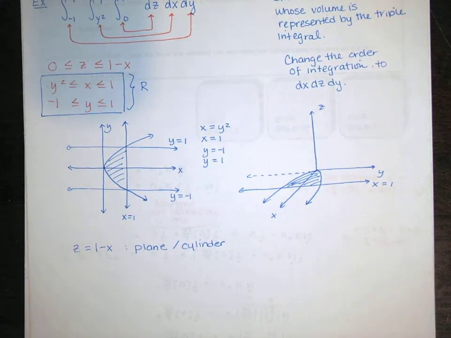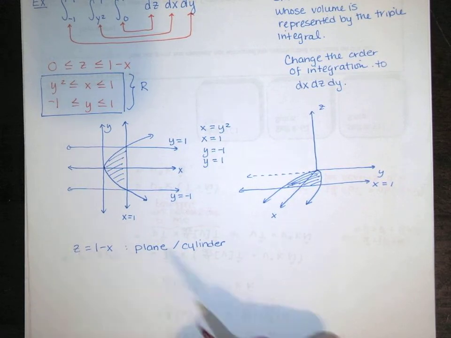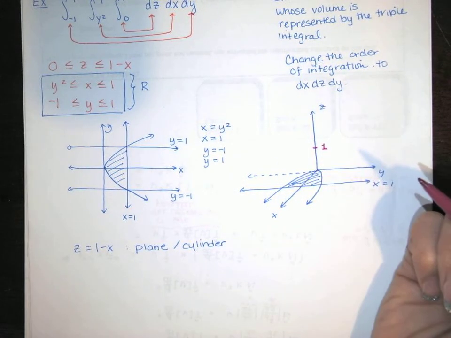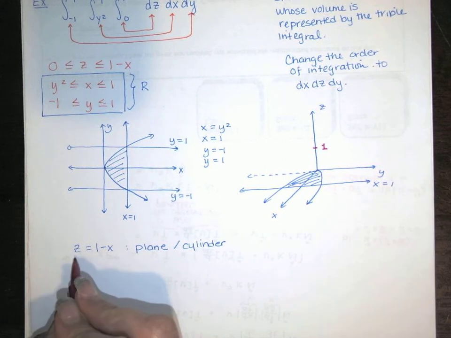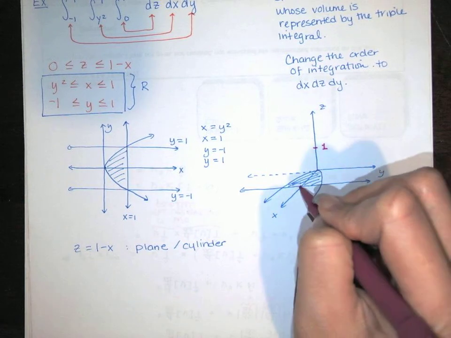The easiest way to sketch this plane is to set z equal to 0 and solve for x, set x equal to 0 and solve for z. When x is 0, z is 1. And when z is 0, we have 0 equals 1 minus x, so x would have to be 1.